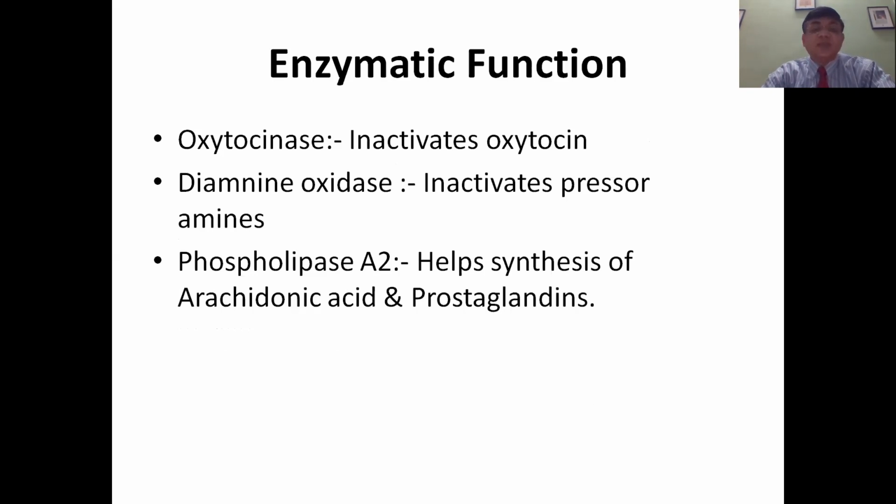Enzymatic function. There are various enzymes. Let's see one by one. Oxytocinase. This enzyme produced by the placenta inactivates oxytocin, and that's why the pregnancy can grow up to 40 weeks. Next enzyme is diamine oxidase.